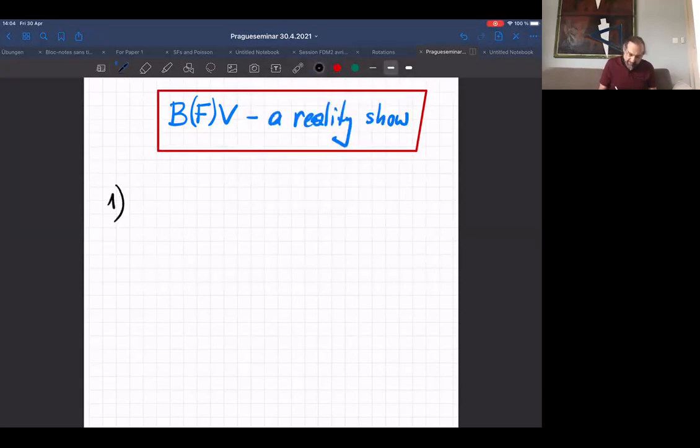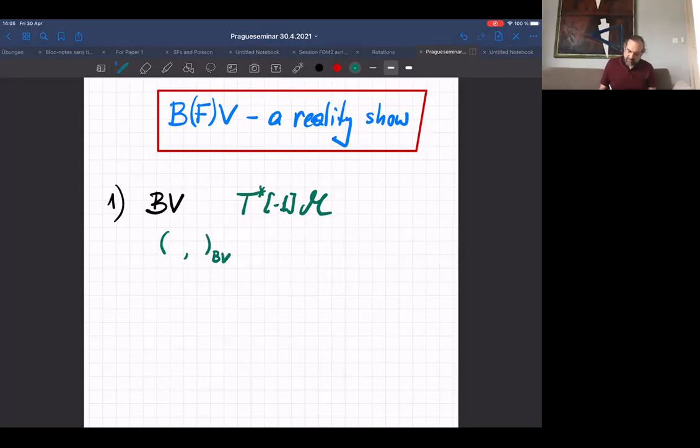I wanted to start with two or three words about BV and BFV in general. So in BV, you have the cotangent bundle shifted by -1, if I'm not mistaken, of some graded manifold as your space of fields, or your phase space, which induces the BV bracket.